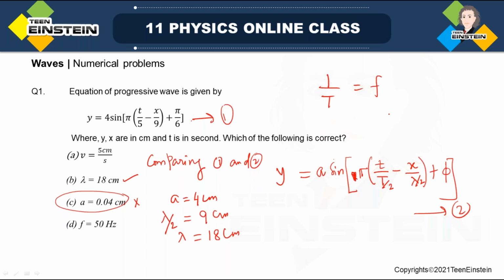Okay, so t by 2 is equal to 5. So t is equal to actually 10. So t is equal to 10 means frequency means 1 by 10. This will be hertz, per second. So 0.1 hertz. So this should be 0.1 hertz. Frequency should be 0.1 hertz.